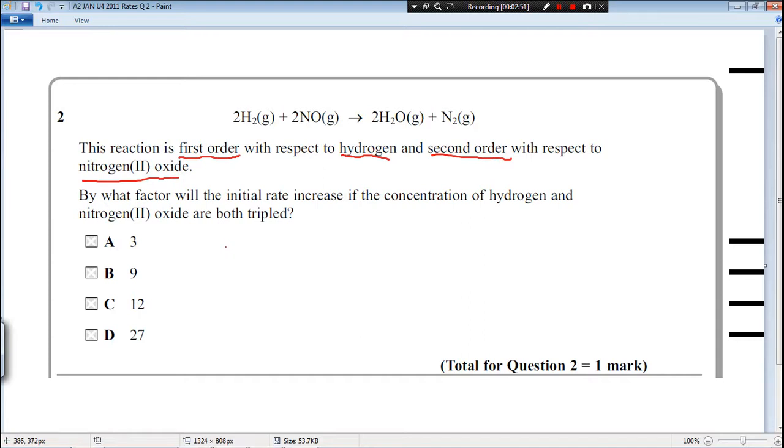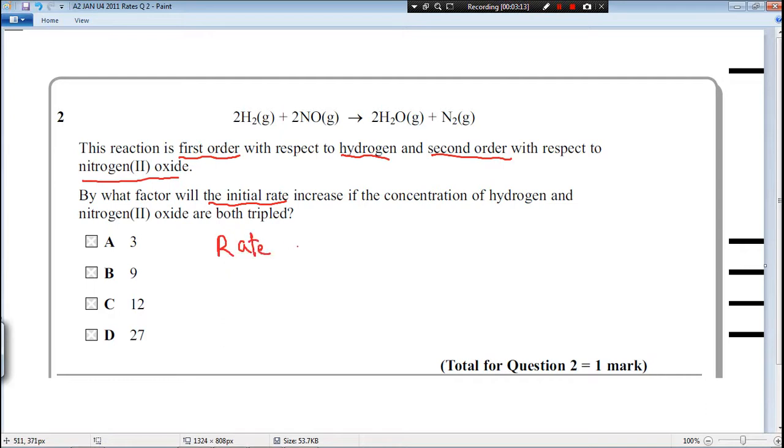They have asked us to find the initial rate, so let us just write down the rate equation.